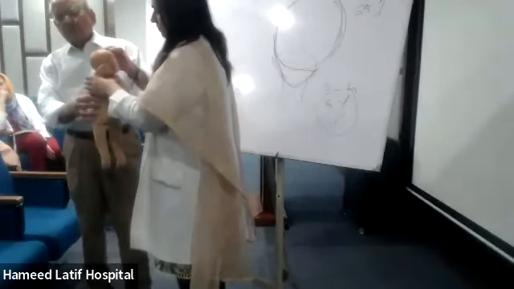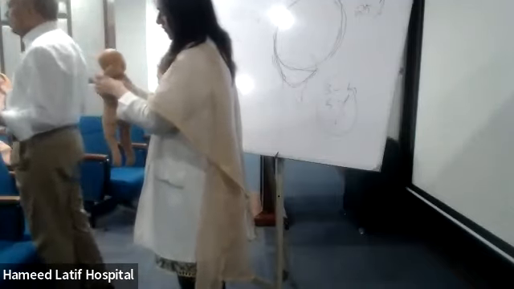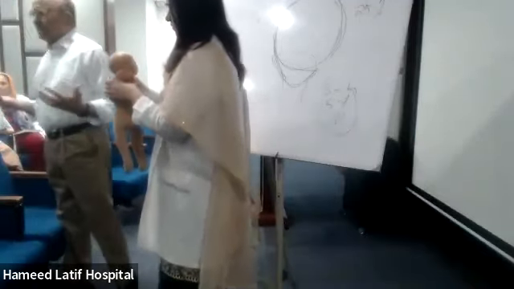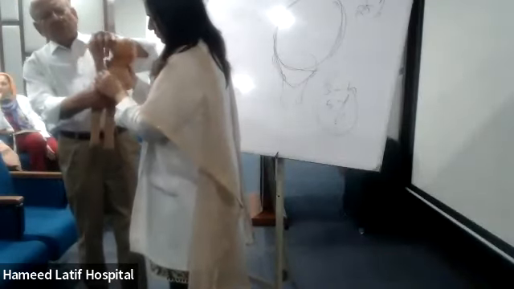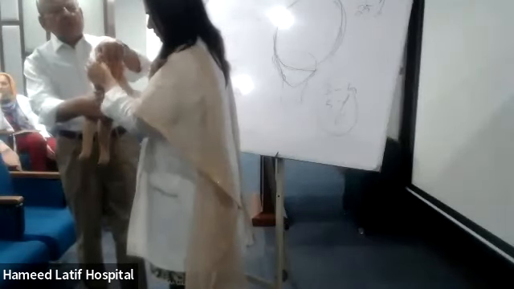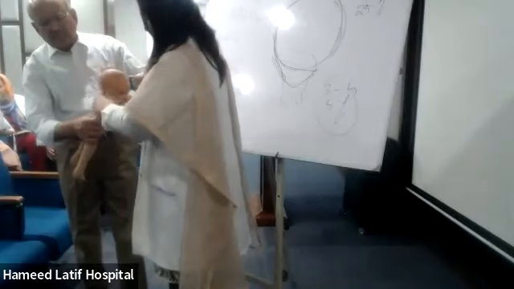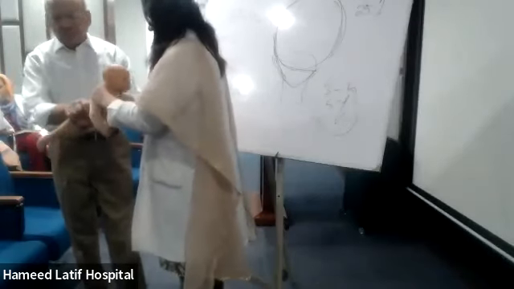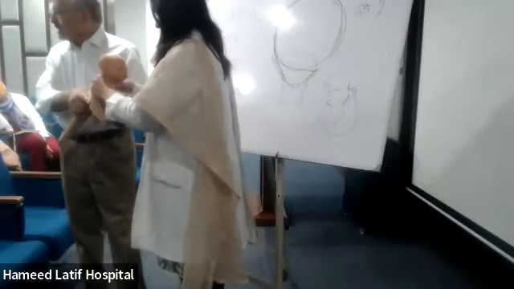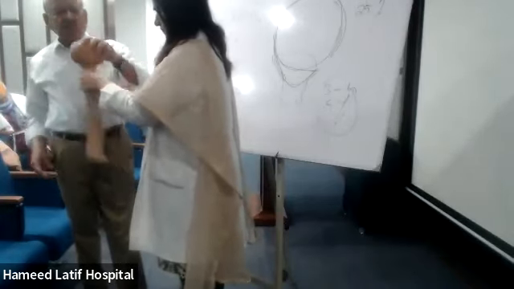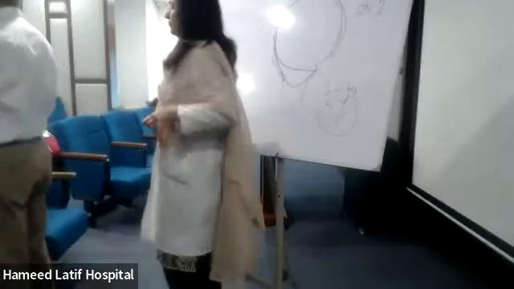Then you will have to do a maneuver known as Løvset's maneuver, L-O-V-S-E-T, to extract. It is very simple. Hold it like this, and turn it like that. It is written on the dummy.